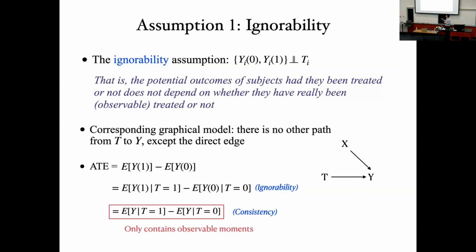Remember the modularity property. There's no other way for them to be related. As a consequence, this variable will be independent of t if you fix the t value. So if there is no confounder or common cause for treatment and outcome, then this condition holds true.